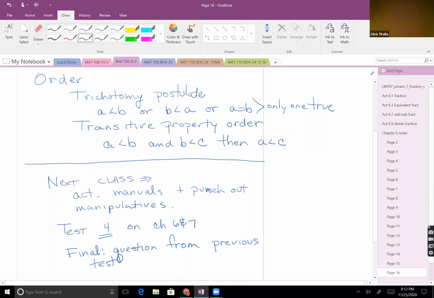Just the numbers might be changed to protect the innocent. So they won't be exactly the same questions, but they'll be pretty gosh darn close.